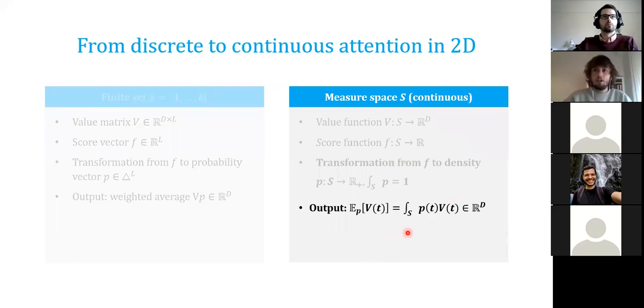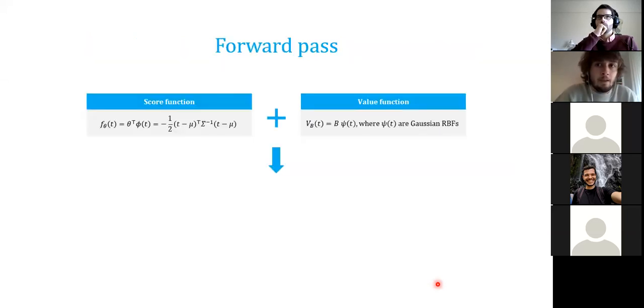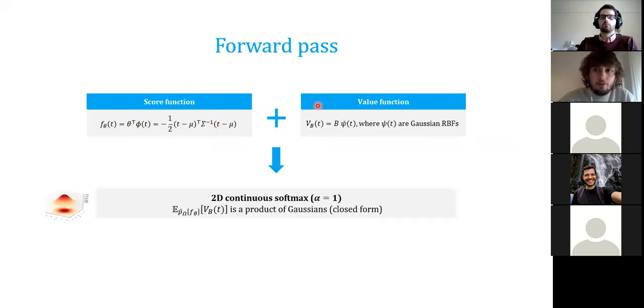Finally, we need to understand how we can compute this expected value to obtain the final representation. And this leads us to one of the main contributions in our paper. So assuming that f and v are of the same form as before, so f is a quadratic score function and v has this form, when alpha is equal to 1, we show that this expectation becomes the product of Gaussians and can be written in closed form for the bidimensional case.